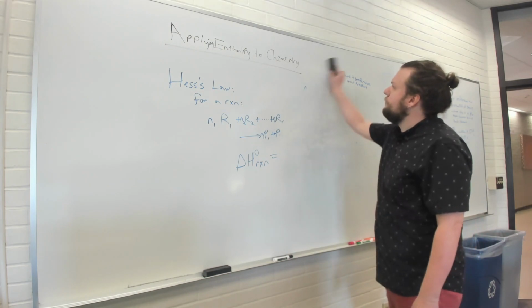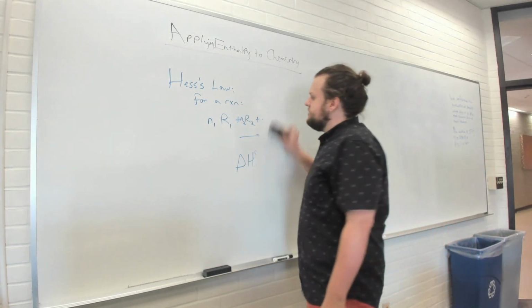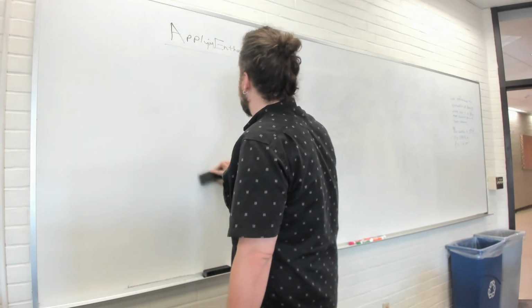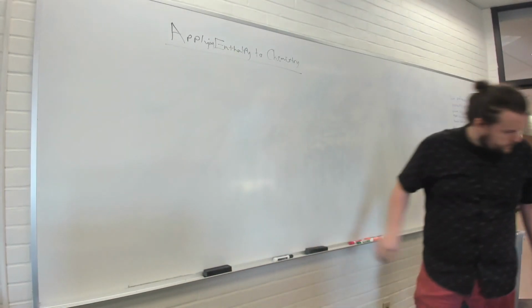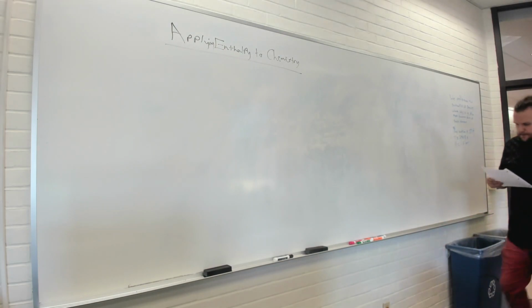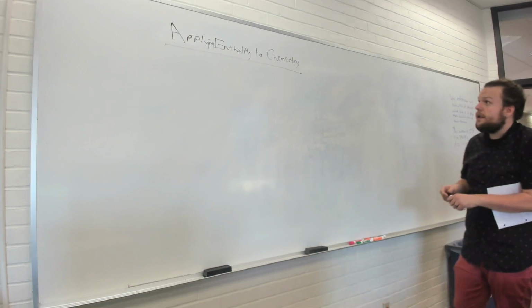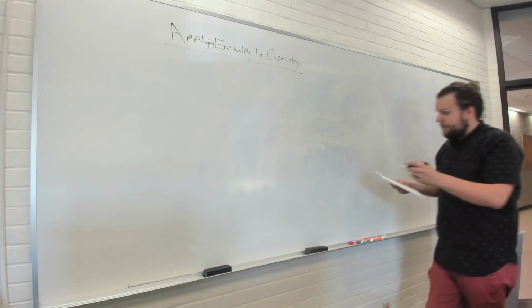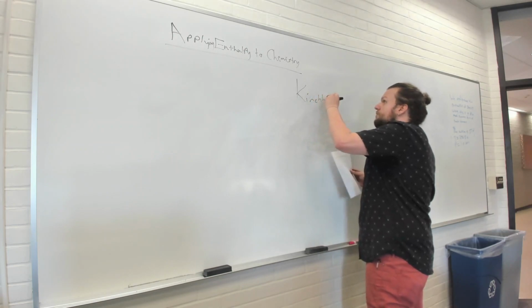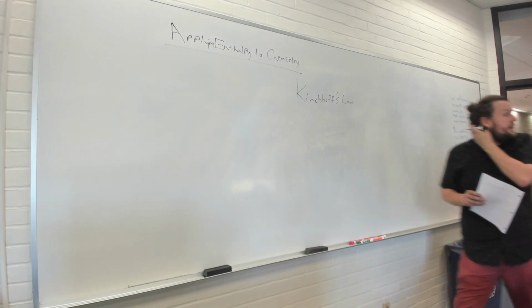If you want to know how much energy that reaction releases, you're going to want to be able to calculate the enthalpy at a particular temperature. So I'm going to introduce a very simple law. It's called Kirchhoff's law, which gives us a relationship between the enthalpy at standard state and the enthalpy at any temperature.